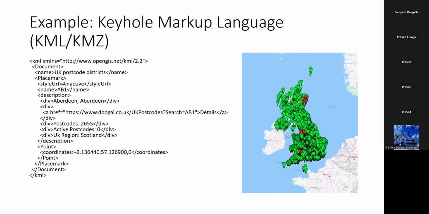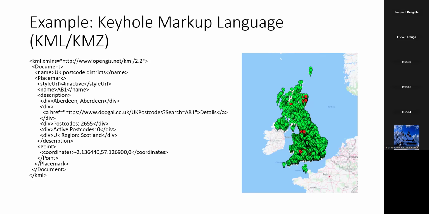And SVG, we have seen how we can represent geometrical shapes like rectangles, circles, and even gradients of color. And finally, we have seen KML, right? The important point here is that XML enables working with different systems and even visualization tools.